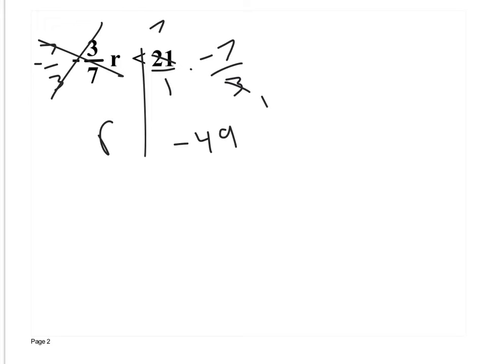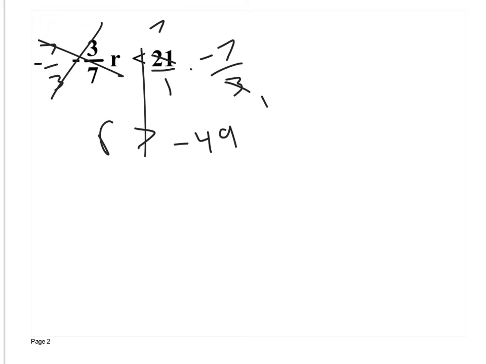Now my question, and that you always have to think, is does my sign stay the same, or do I change it? Right now it's less than. What does it need to be now? Greater than. I multiplied by a negative number. So my rule said that I change the sign. Right? And if you're not sure about that, you can always check.